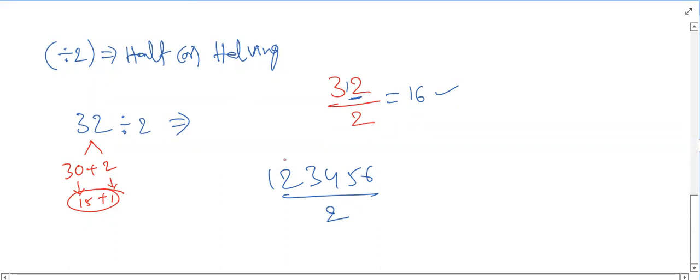First of all, it is 6 with remainder 0. And then 3. In 3, how many times does 2 go? 1 time with remainder 1. Then 14, 7 with remainder 0. And then 5 with remainder 1. Yashwin, tell me.